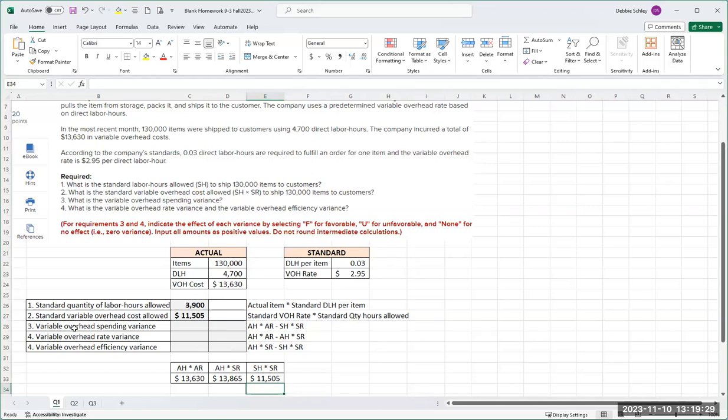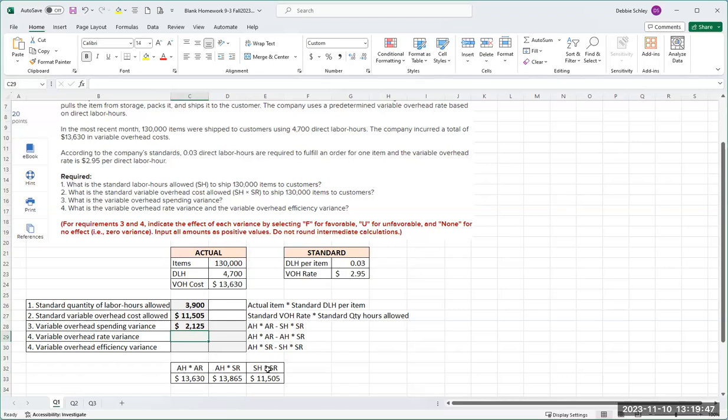So now my variable overhead spending variance is going to equal the first one, AH times AR, minus the third one, SH times SR.